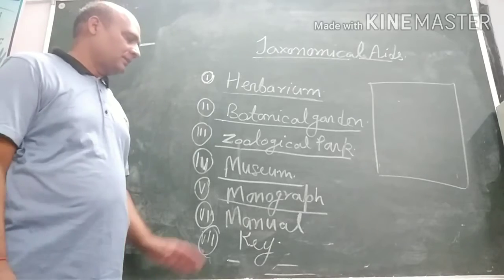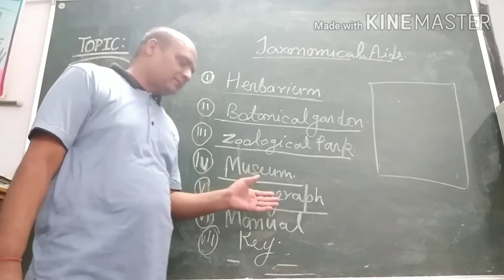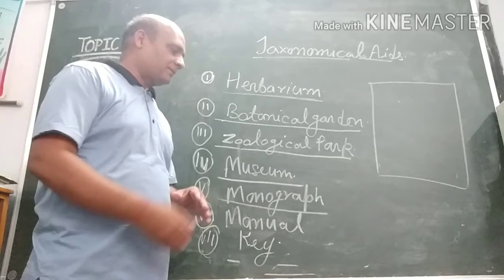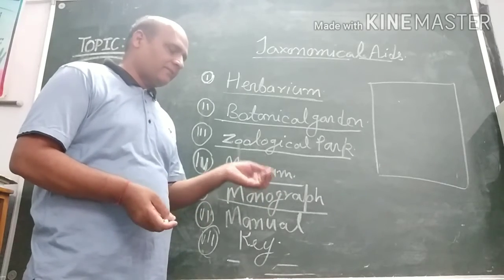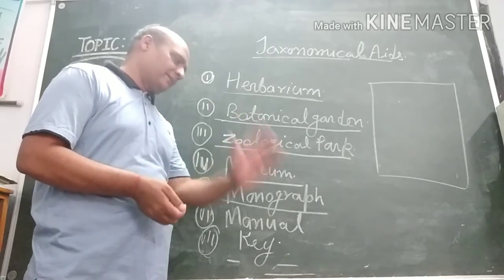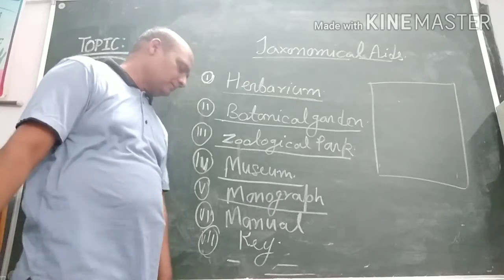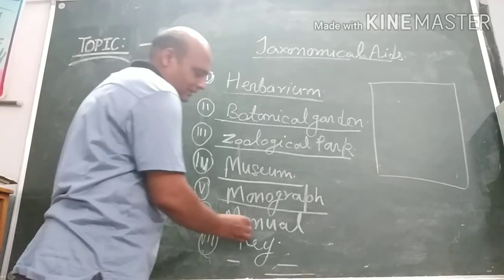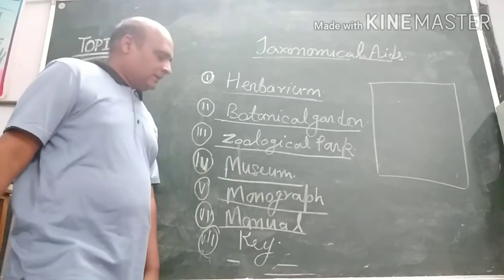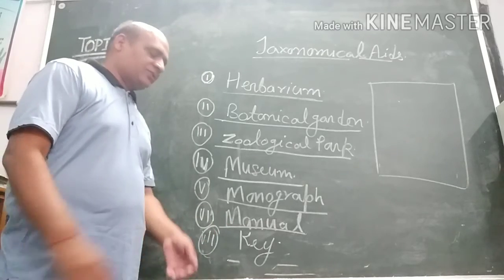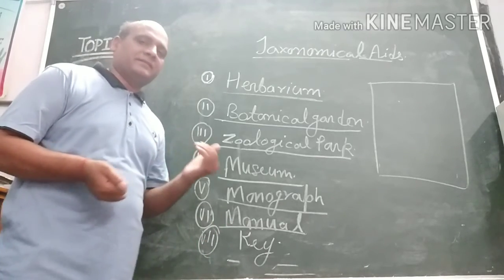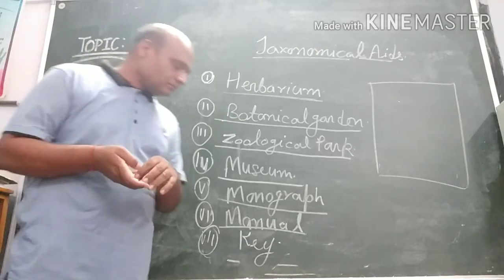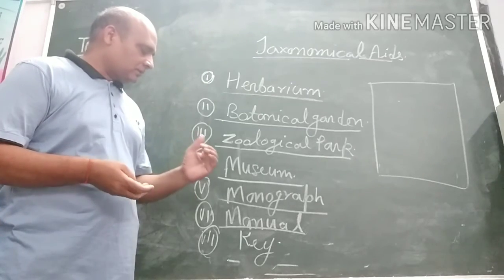Monograph is the complete information of any genus or family at a given time. Manual. It is a taxonomical aid.